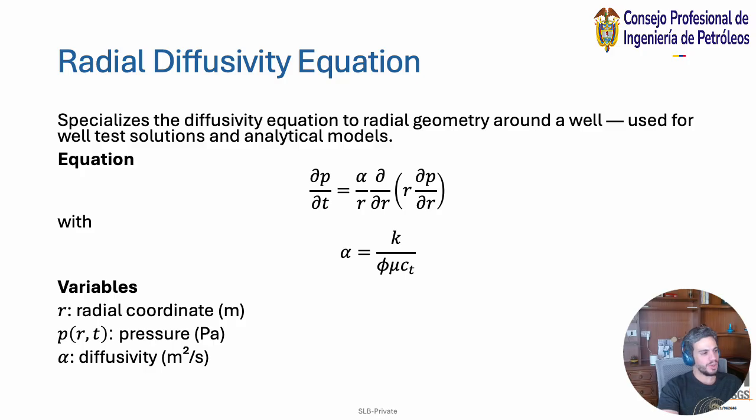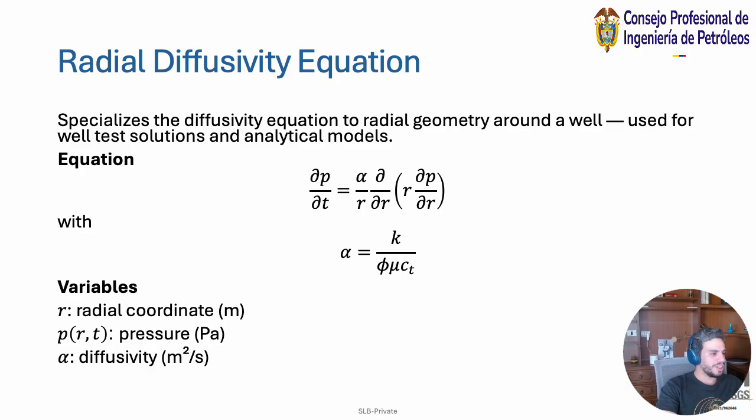So when we look at this equation, we can write the diffusivity equation we just saw, but in terms of radius. And now this alpha parameter is basically accounting for what we just discussed: permeability over the porosity multiplied by viscosity and the total compressibility, right?